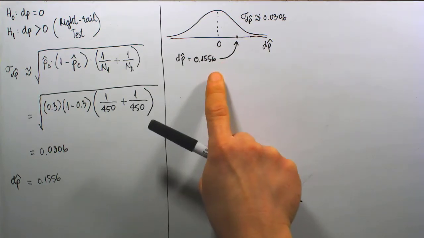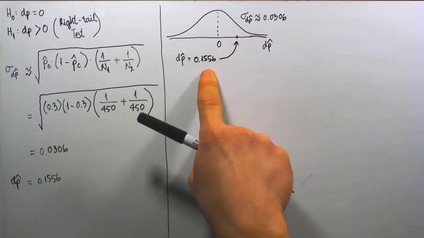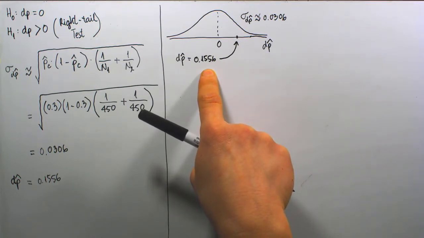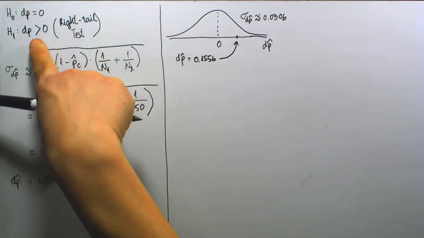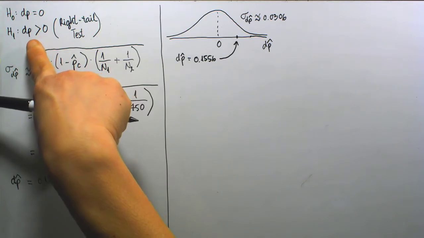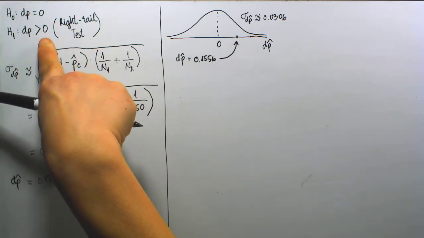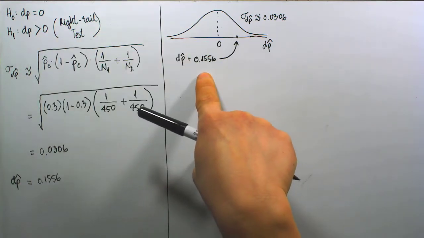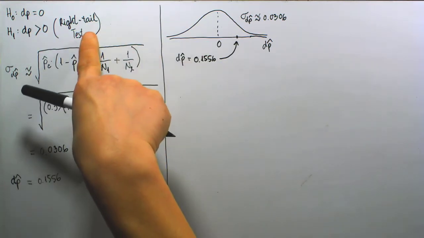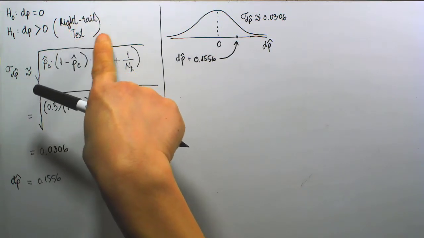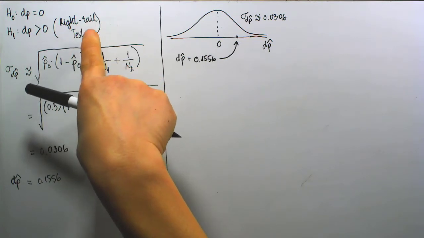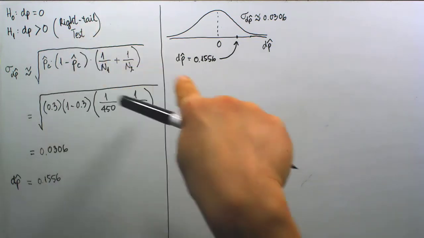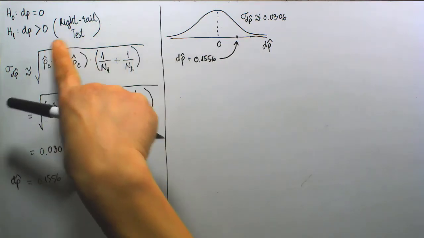So as a checkpoint for consistency, we should check that the positive dp hat value, this sample value of ours being positive, should be consistent with the alternative hypothesis stating that our dp should be positive, greater than 0, and this dp hat value should also be consistent with the fact that our test, according to our labeling convention, was decided to be run as a right tail test. So those are the two checkpoints for consistency that I would like to point out.